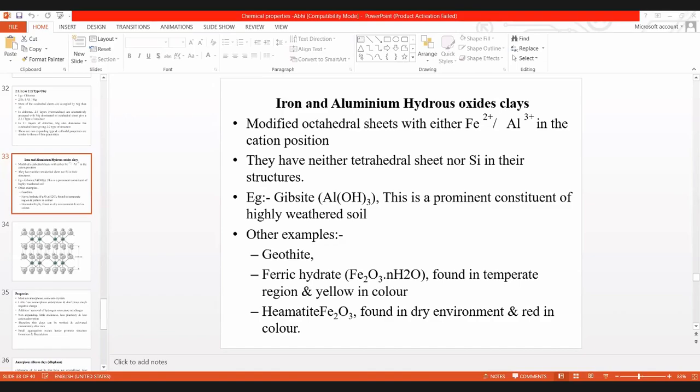Iron and aluminium hydroxide hydrous oxide clays modified.